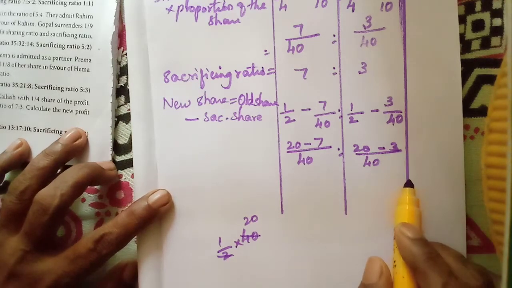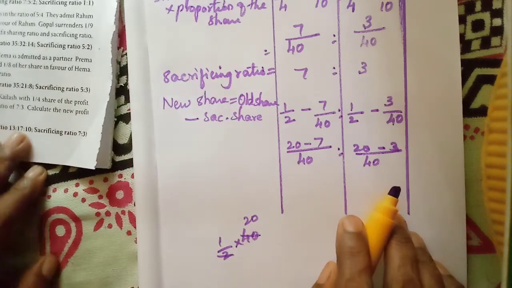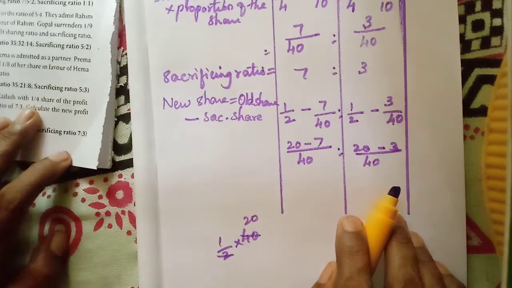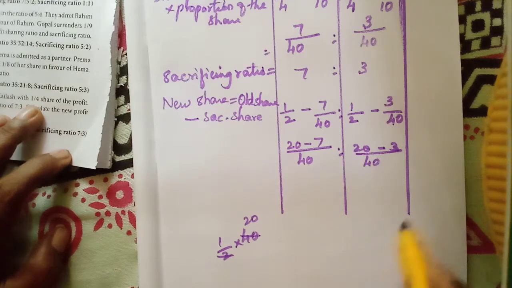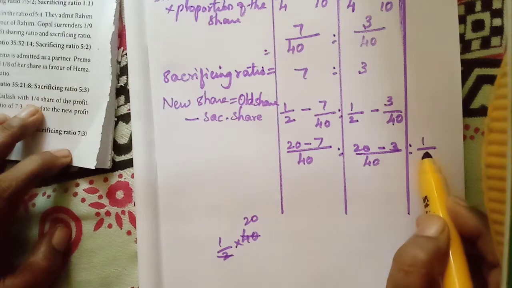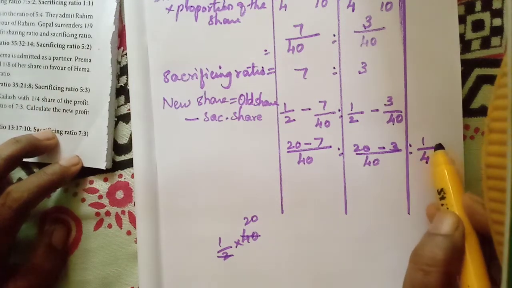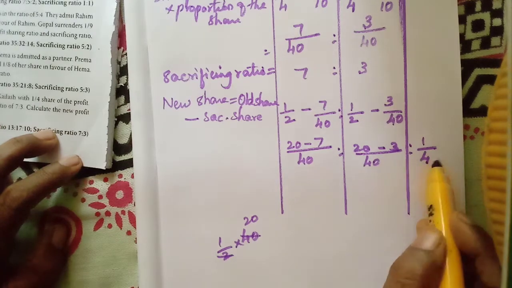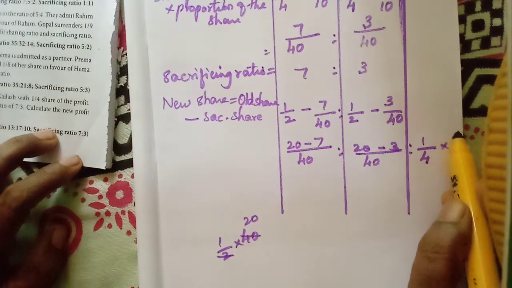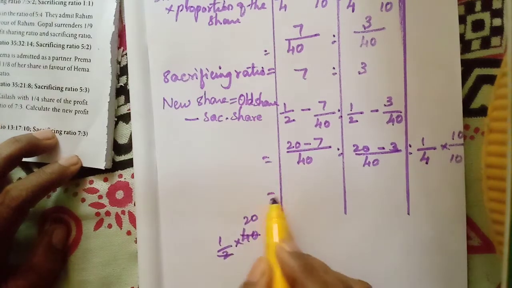Now, what is his share? His share is 1 by 4. 1 by 4 is to 1 by 4. So what we need to do? We have to make this denominator as 40. So we need to multiply numerator and the denominator by 10.